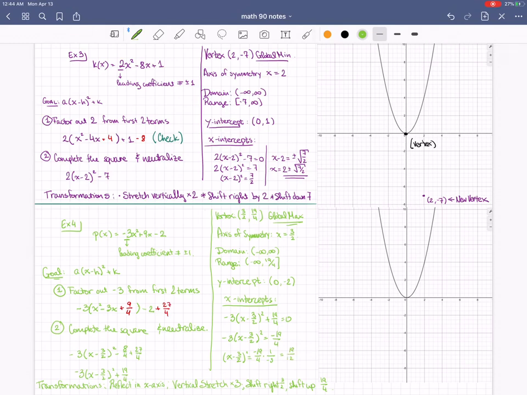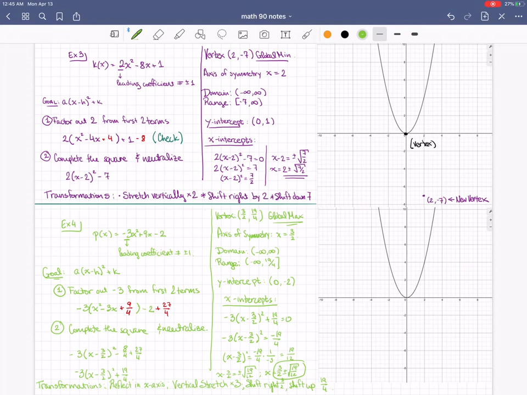So that's x minus 3/2 quantity squared. So x minus 3/2 is plus or minus the square root of 19/12. So my two x-intercepts occur at 3/2 plus and minus the square root of 19/12. So there are the two x-coordinates of the x-intercepts.